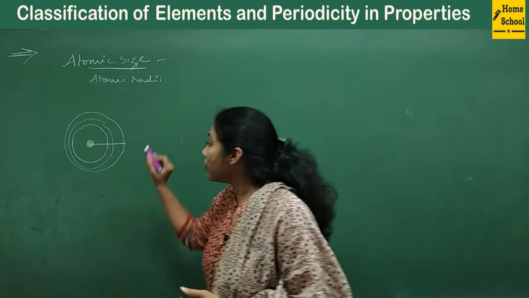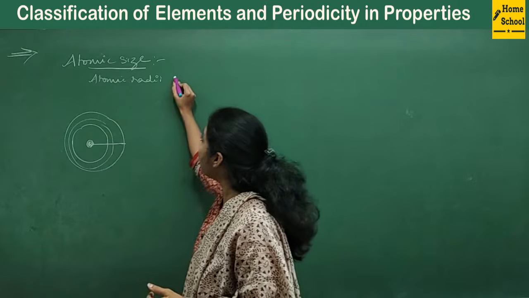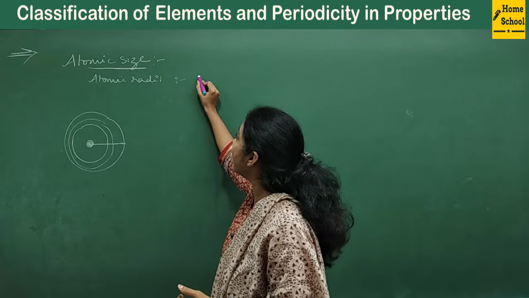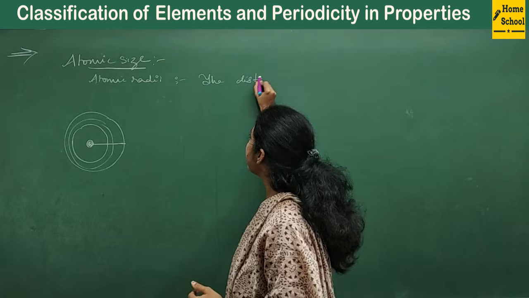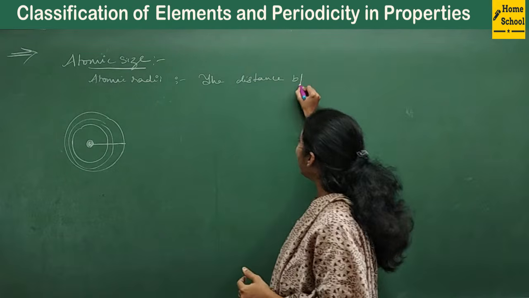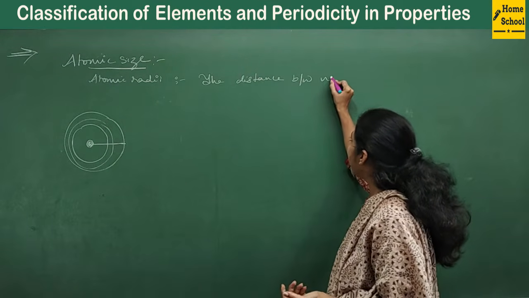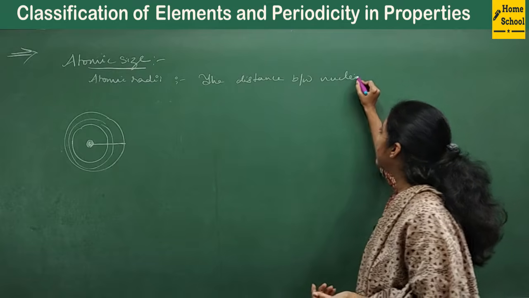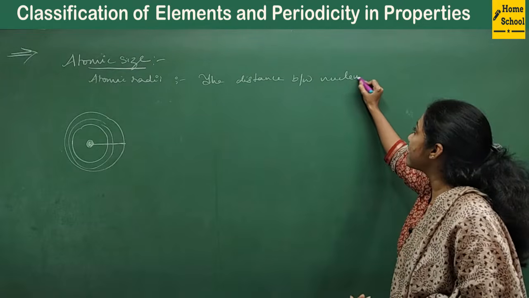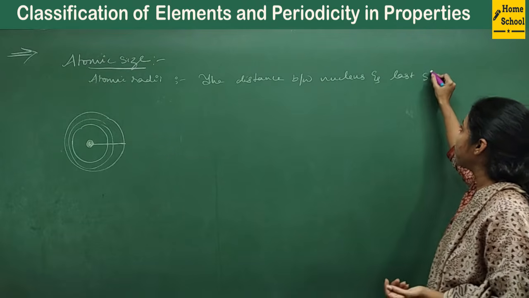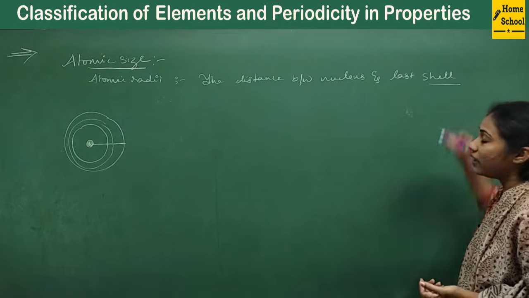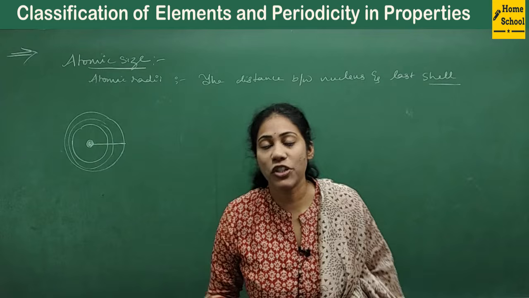Okay, so distance between the nuclei, let me write it here. It's very important to understand distance between what and what? Between the nucleus and the last shell, or we will also call it the valence shell, right?